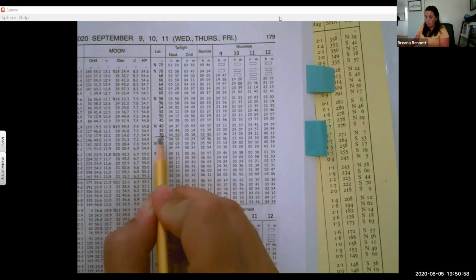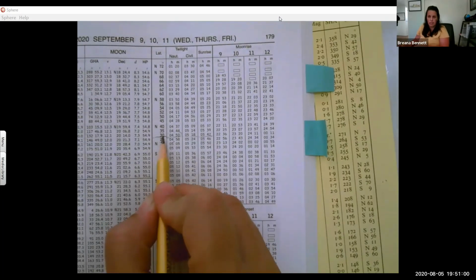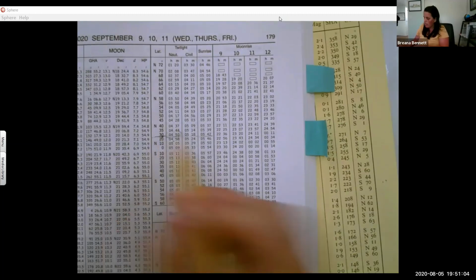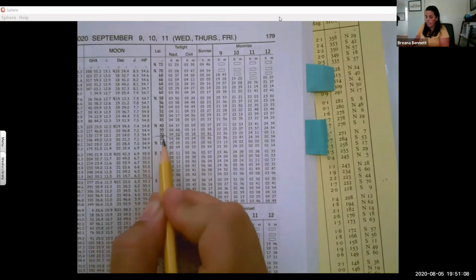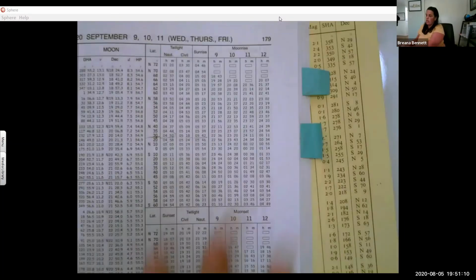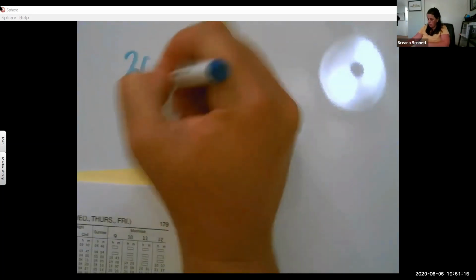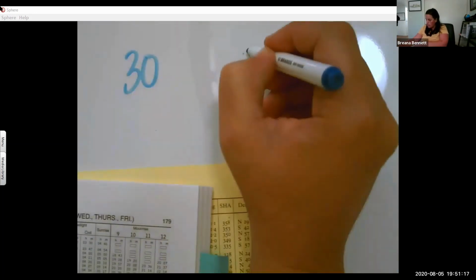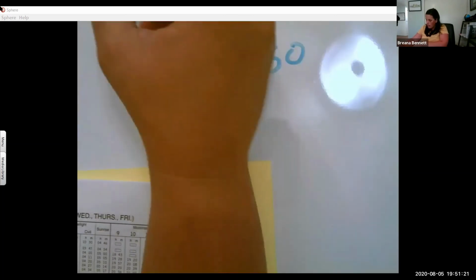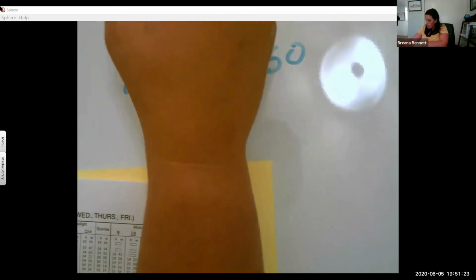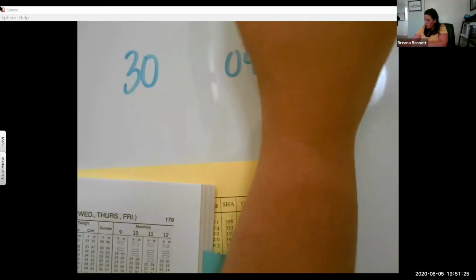So our latitude is like 33 degrees something, I don't know. So I know I'm between 30 and 35. So I like to write at 30, it was 0450, and at 35, it was 0444.